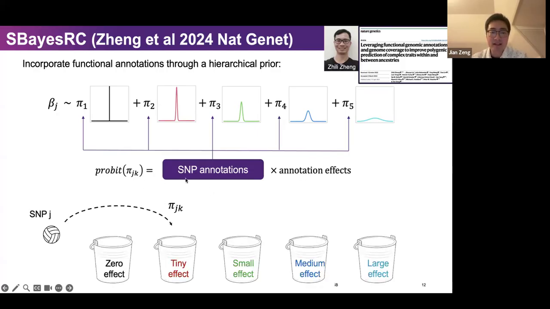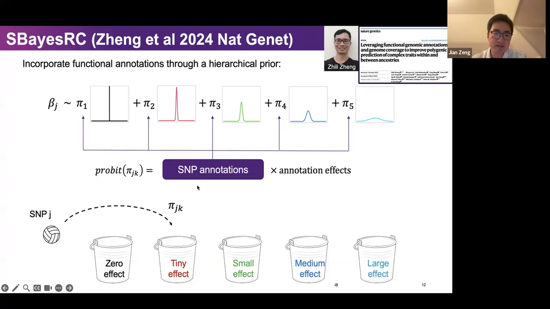Essentially, what it says is that the decision we make to put the SNP into a different distribution depends on the annotation of the SNP. If the SNP has multiple important annotations, for example, if the SNP is in a coding region that is conserved across species, it's likely to have a large effect.